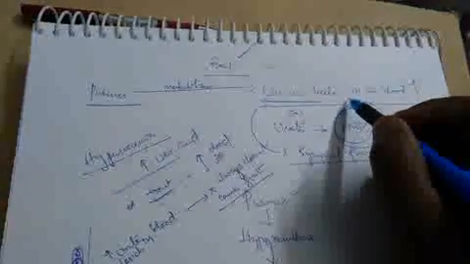So basically the point is, whenever the uric acid levels are increased in the blood, that condition is called hyperuricemia, increased levels of uric acid in the blood.